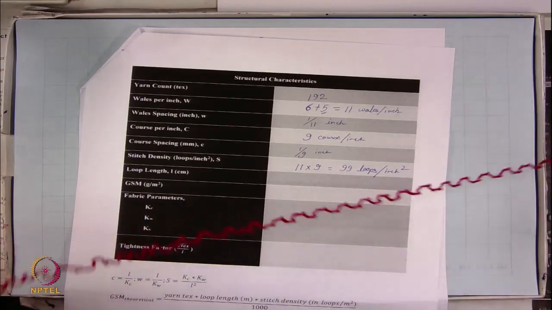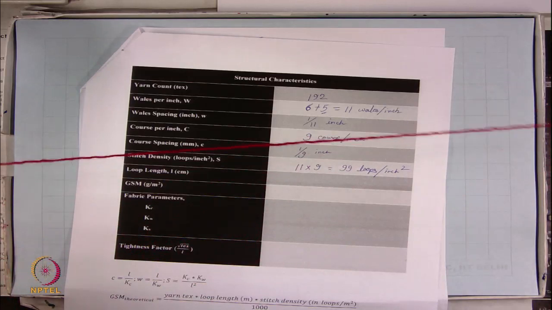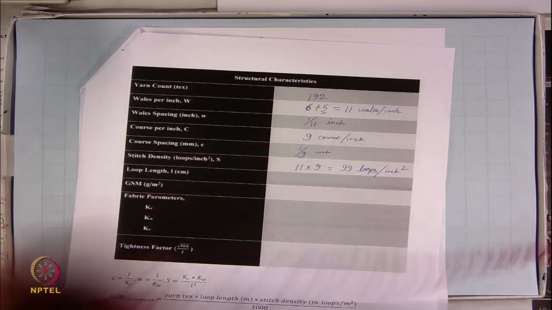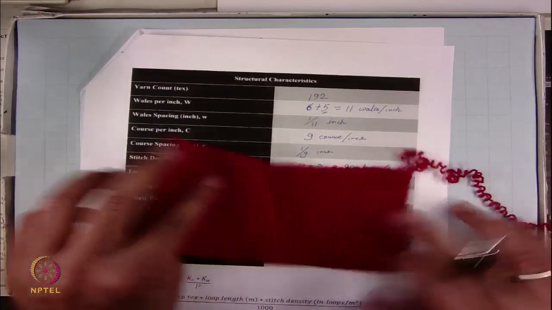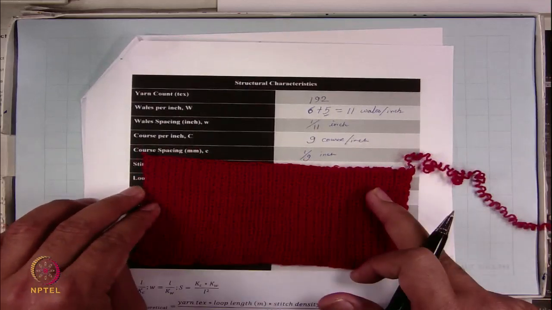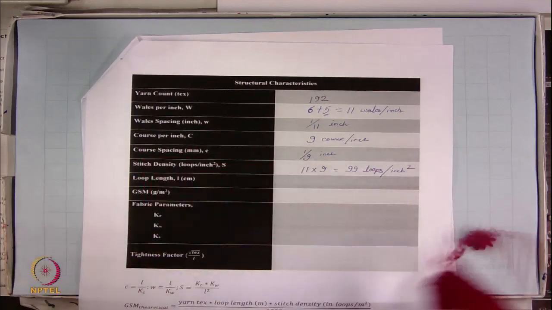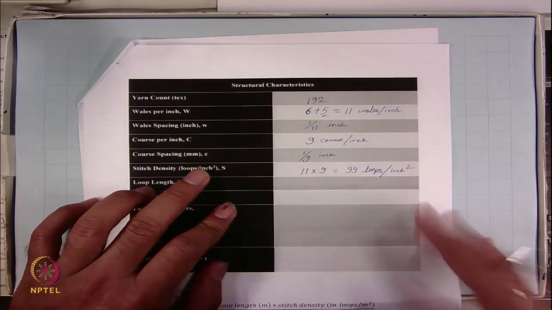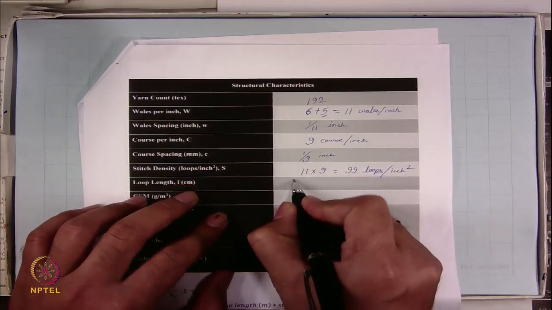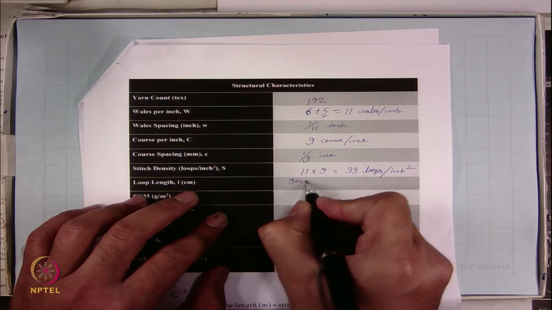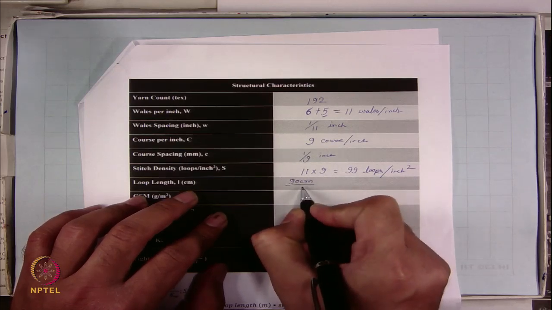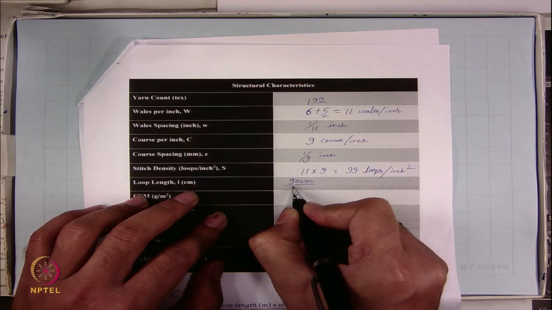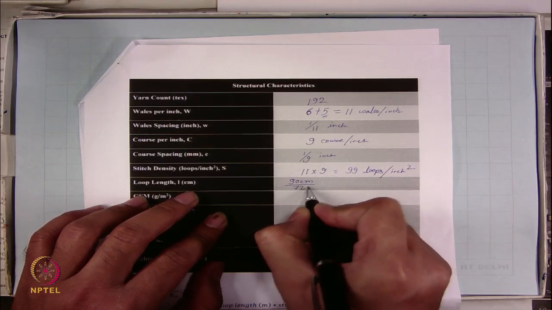You can measure its entire length, and then divide by the total number of wales which you count on the fabric. So, the length of the yarn in one course was 90 centimeter and the total number of columns was actually 72 wales.